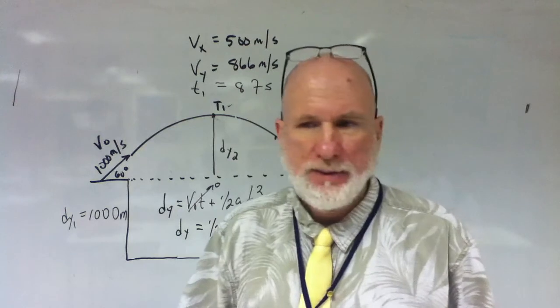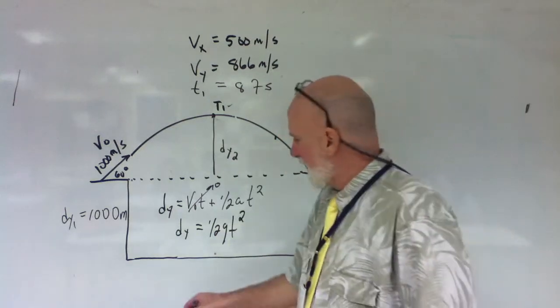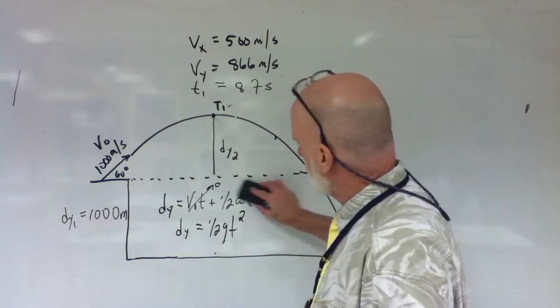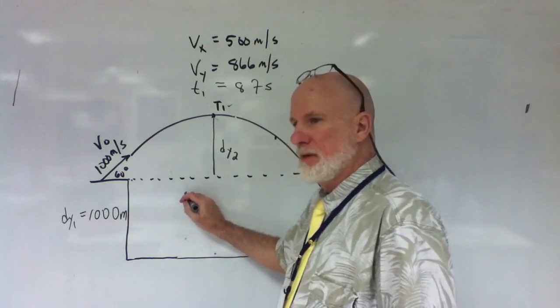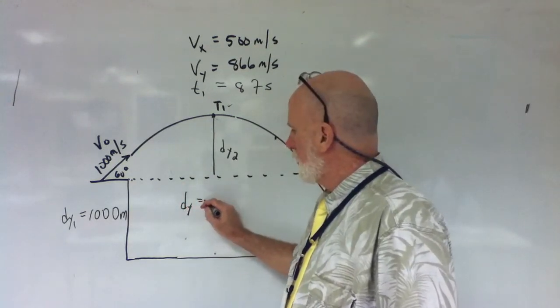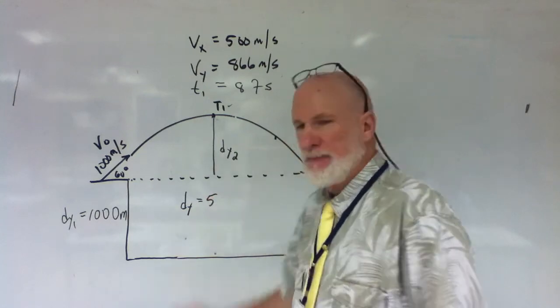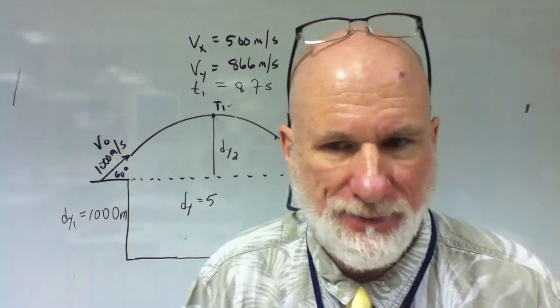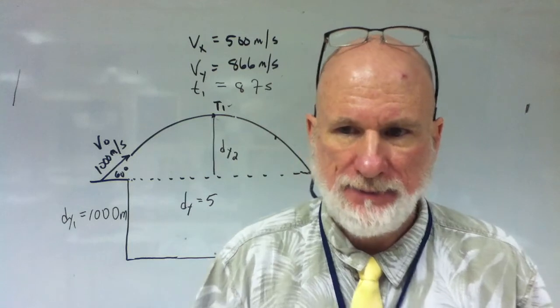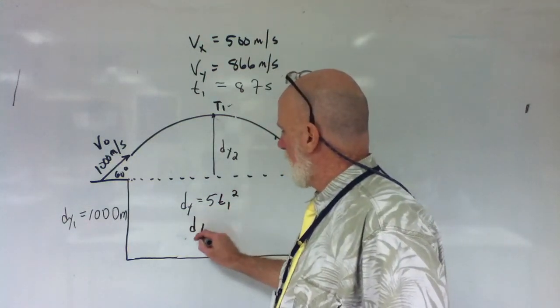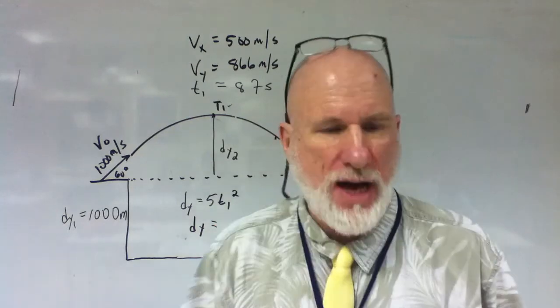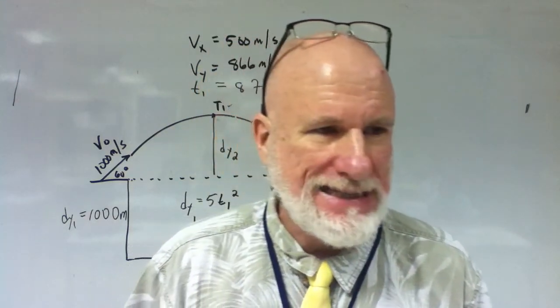Correct? G is 10. 1/2 of 10 is 5. So this becomes simply dy equals 5 t squared. What's t? Isn't it t1 in this case? Yes, t1 squared. So dy is going to equal, what is 5 times 87 squared?